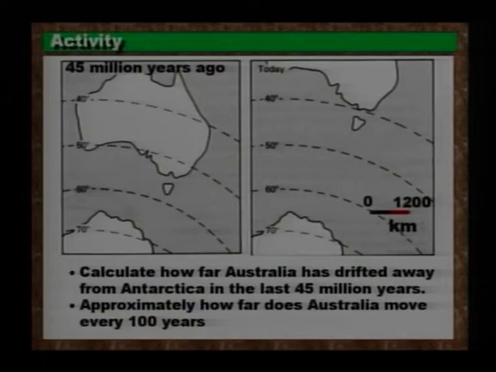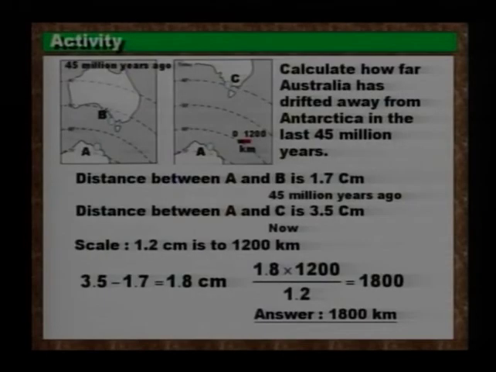We all happy with that answer? No? Yes? Okay, we can check the working out. We had 1.8 here on the board. The distance according to the information from A to B is 1.7 centimeters. Maybe we will use about the same, 1.8, 1.7.